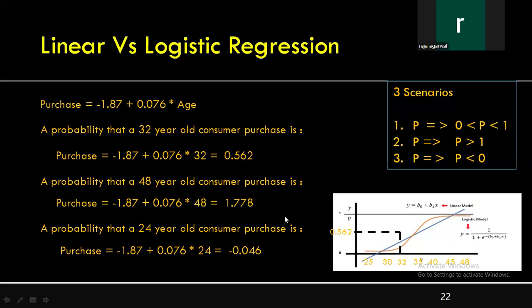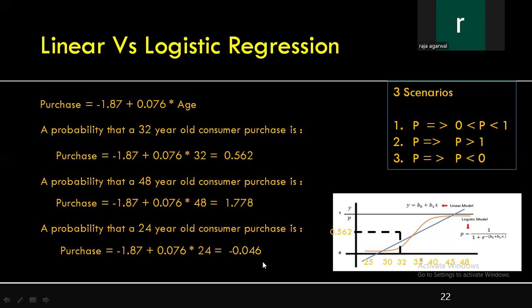How do you deal with the other issue? If you divide this value by the same value plus 1, it will become bounded between 0 and 1. This is how the scientists came up with the equation.